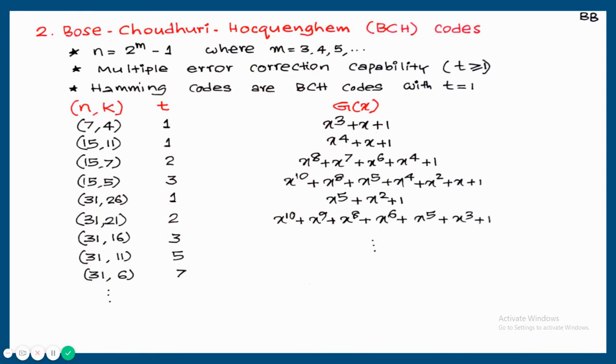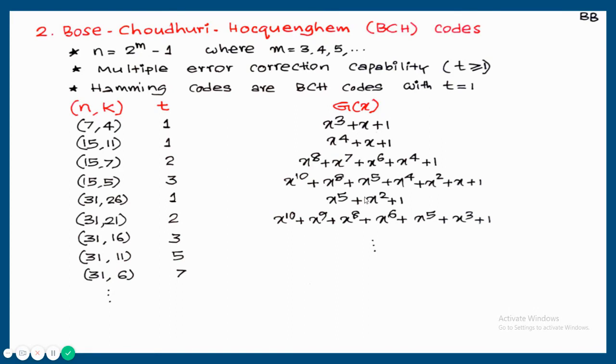Hamming code also has n equal to 7, 15, 31, 63. But the difference is Hamming code is capable of correcting only 1 bit error, but BCH codes are capable of correcting 1 or more bit errors. That is why all Hamming codes are BCH codes, but not all BCH codes are Hamming codes.